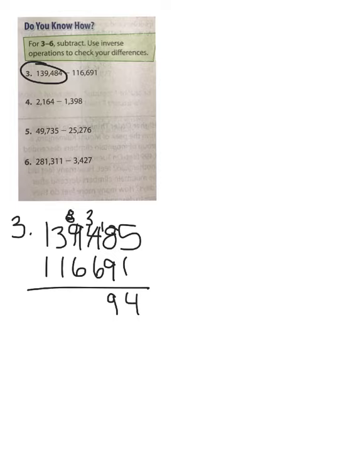Add 1 to the hundreds place. Now you can subtract. 13 minus 6 is 7. We can take 6 from 8, so 8 minus 6 is 2. 3 minus 1 is 2. Your answer is 22,794.